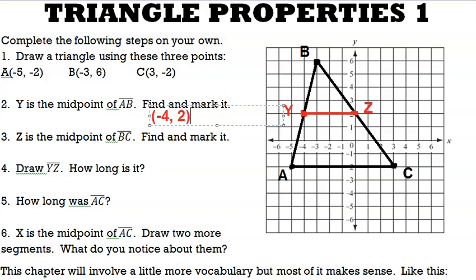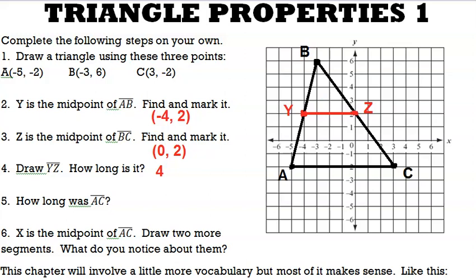That was (-4, 2). Z was the midpoint of BC. That was (0, 2). And so you could either count squares, or you could just look at the two points and recognize that YZ had a length of 4. Okay, so that length right there was 4.